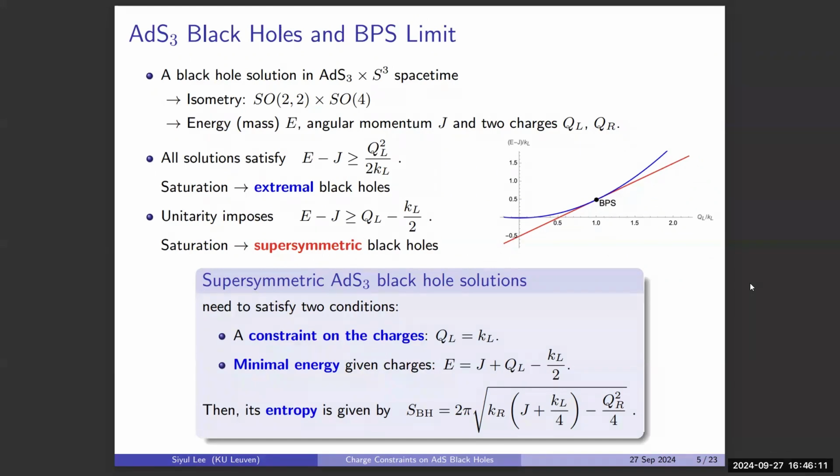It's a relation between charges, excluding the energy. So that relation does not hold for the vacuum solution to AdS3. For the vacuum solution, the charge constraint, no. So some of this applies only for black hole solutions. That is correct.